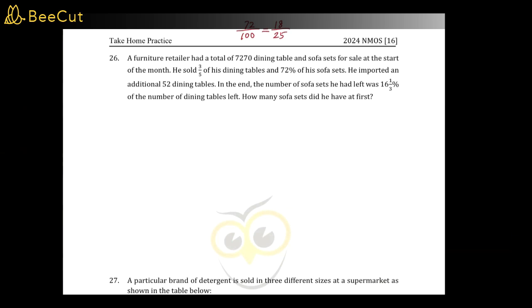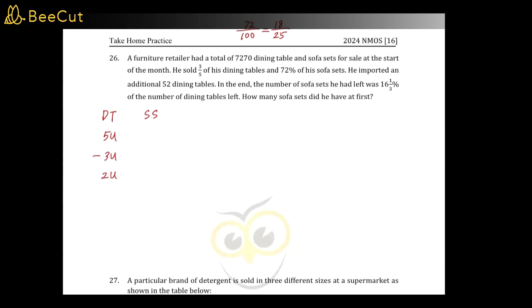So let's say for the dining table, we write DT, and the sofa sets, we write SS. Dining table is 3 out of 5. Let's say we start with 5U and then sold 3U. There are 2 units left.